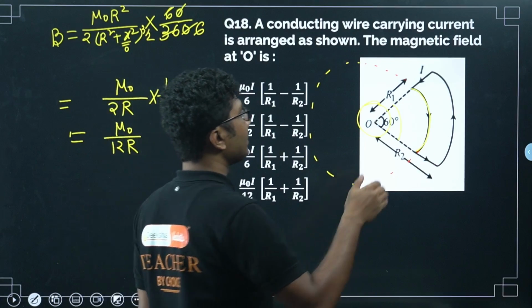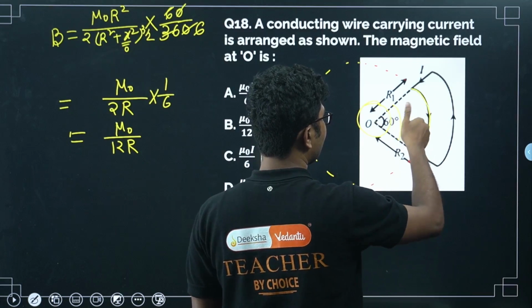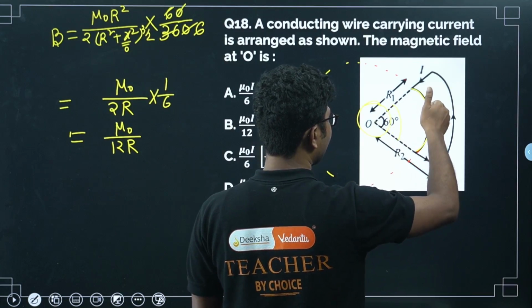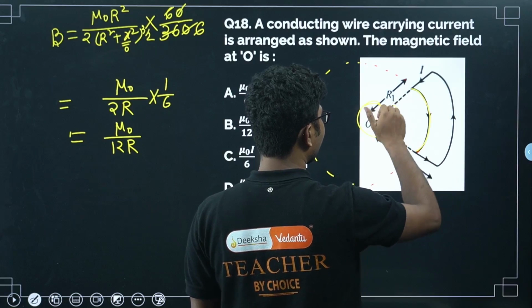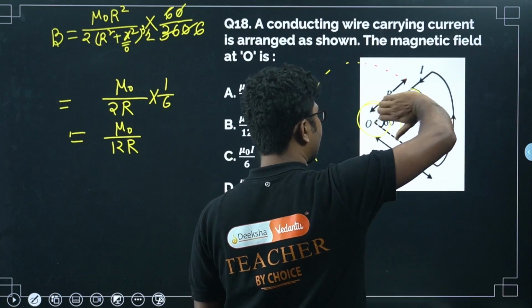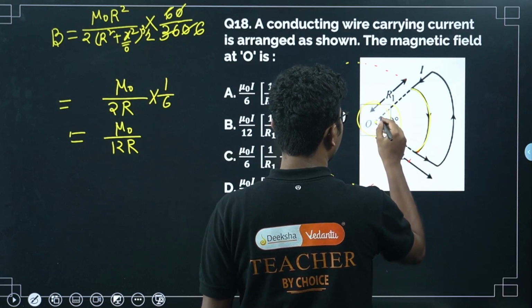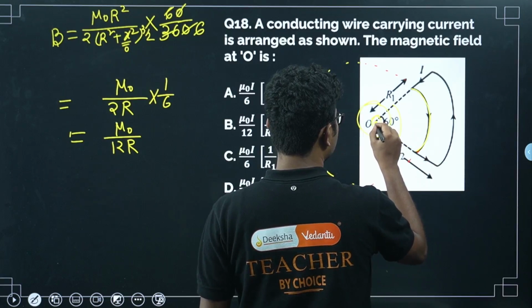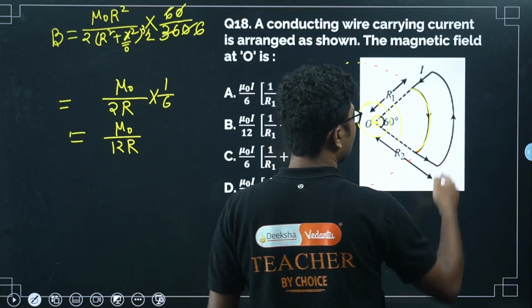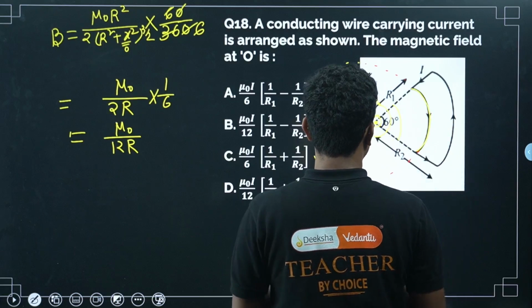Now what will be the direction if you consider this wire? For this wire, current is flowing in this direction, so the magnetic field will be into the paper. Now for this one, the current is flowing in this direction, so the magnetic field will be out of the paper.